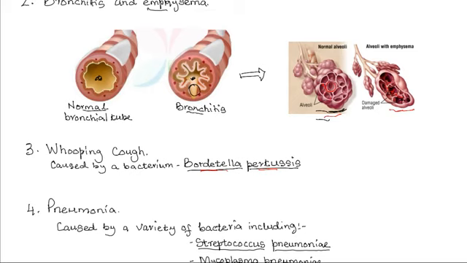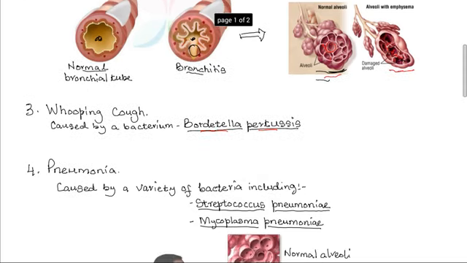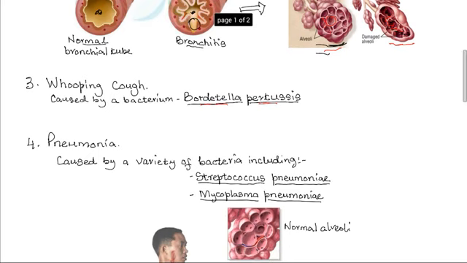Then, the fourth disease is known as pneumonia. Pneumonia is an inflammation of the lungs caused by infections by a variety of pathogens. These pathogens include bacteria known as Streptococcus pneumoniae and Mycoplasma pneumoniae.